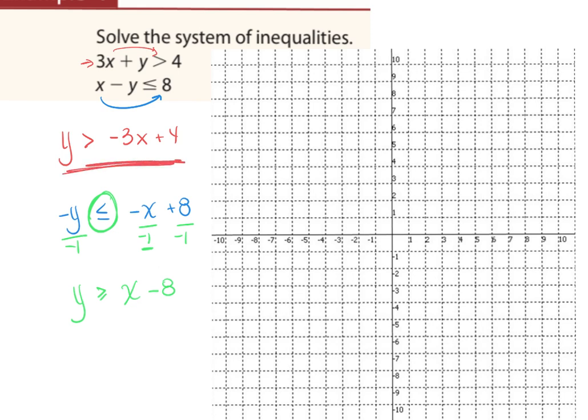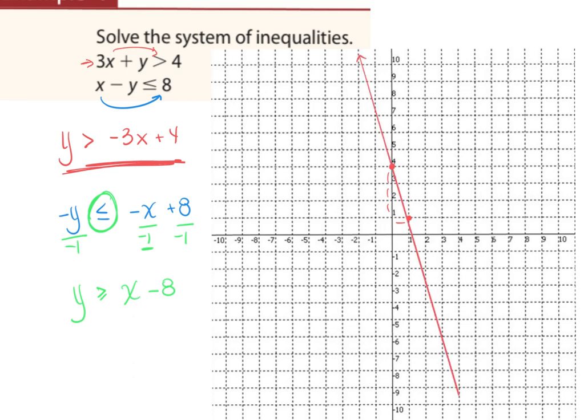I'm going to start with positive 4 for that one. My slope is negative 3, so I'm going to go down 1, 2, 3, and over 1. And then I'm going to connect those dots. And I'll tell you what I do with these, and you can do it.